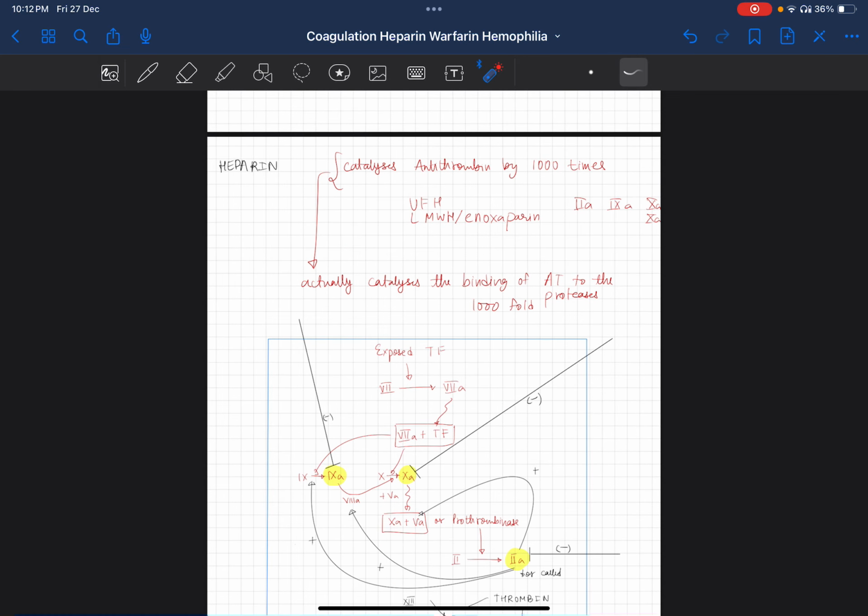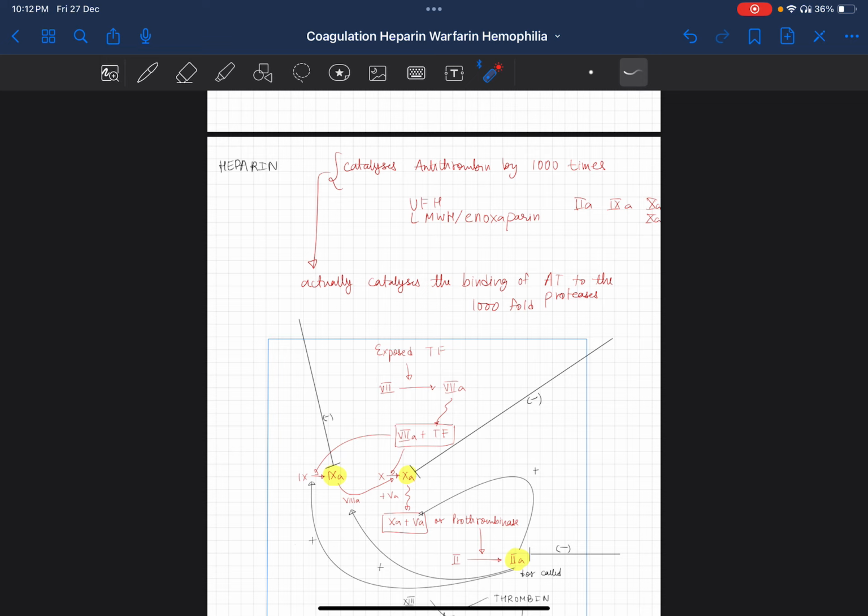Now in your body, clotting is happening due to some reason: damage, disease, physiological, pathological. Clotting is happening. Now the antithrombin will try to stop the clotting. Your heparin will catalyze, it will make the antithrombin better.